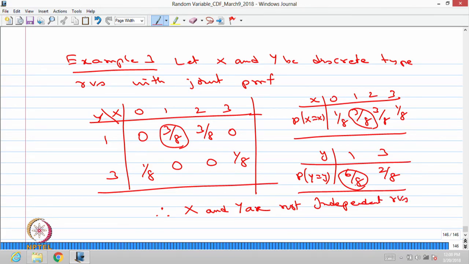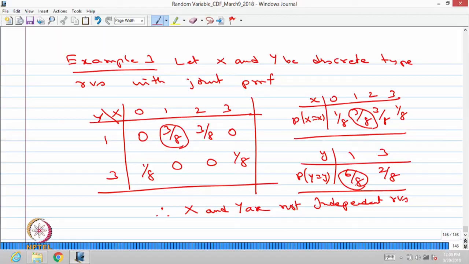This is sort of obvious because the random variable y is defined as the absolute difference between the number of heads and the number of tails, whereas the random variable x is defined as the number of heads. That means y itself is a function of x.